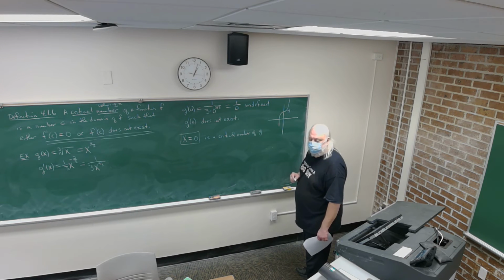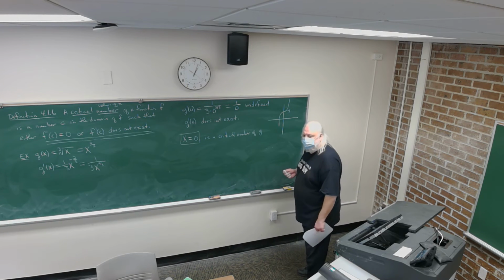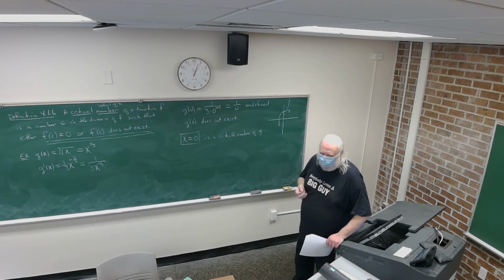So it's not necessarily changing direction. So then why do we care about it? Why are we interested in it? Well, you'll find out next episode. Okay. I mean, there's a lot of use for critical numbers. One of the things we're going to use them for is to find the local maximums and the local minimums. Okay.